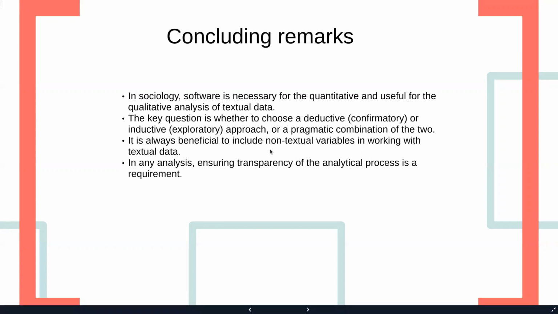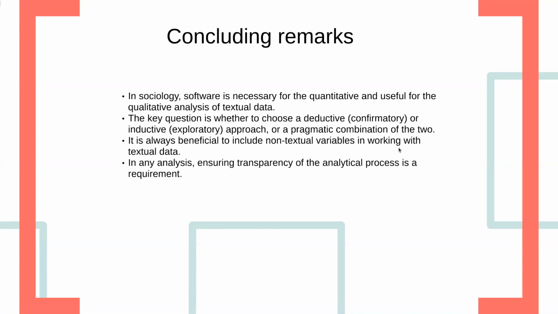It's always beneficial to include non-textual variables when working with textual data. In sociology, we want to talk about reality that is outside of text. To contribute to knowledge about society that is non-textual, it's good to take text as information about society, but we have to couple this information with some non-textual data, non-textual indicators.